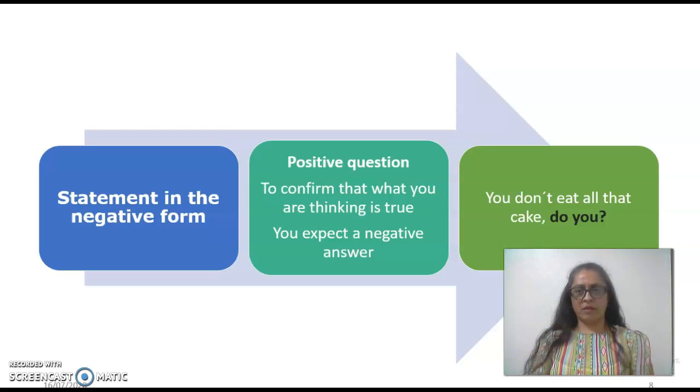Imagine if you respond, of course I eat it. This is what the theory says, but when people use the language, something else may happen. However, you have to be aware that the grammatical form of this type of statement is intended to look for a negative answer, but not all the time.